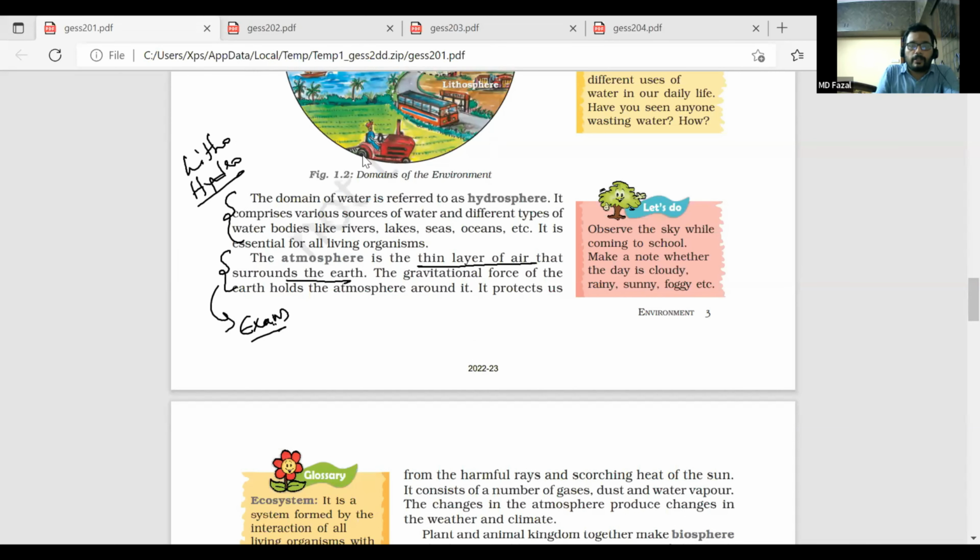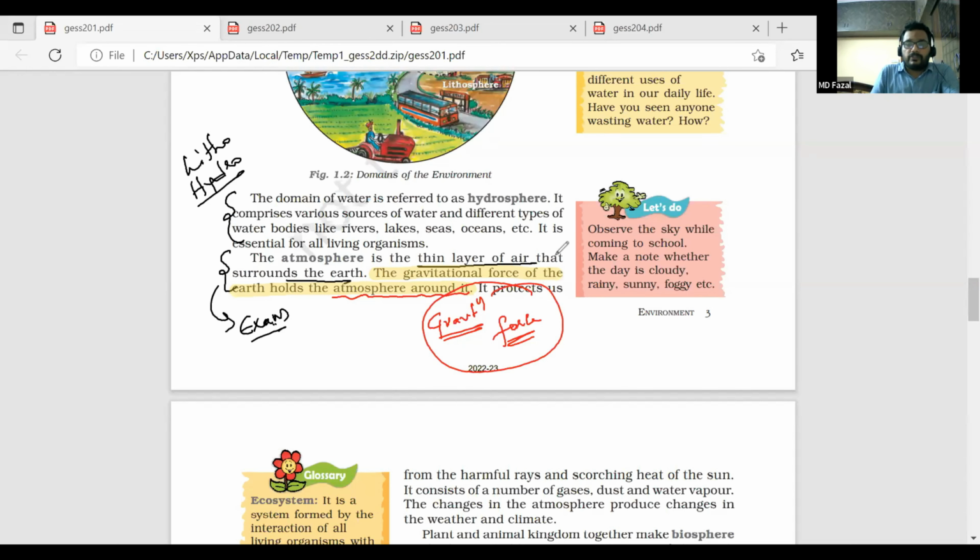The most important point he has given is that the gravitational force of the earth holds the atmosphere around it. So one important point you have to highlight: the gravitational force will hold it. Very important point, the gravitational force of the earth holds the atmosphere around it. He might ask you what holds the atmosphere around the earth. It is the gravitational force.